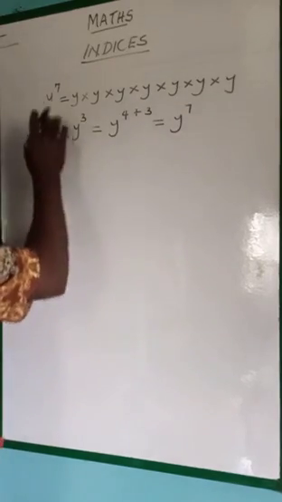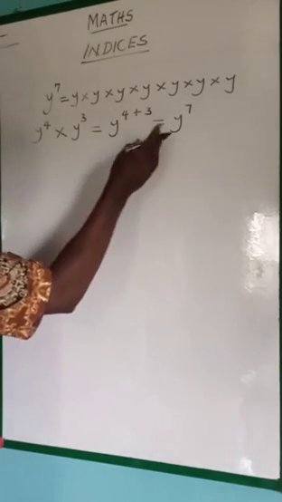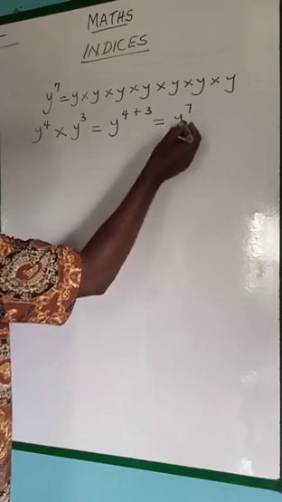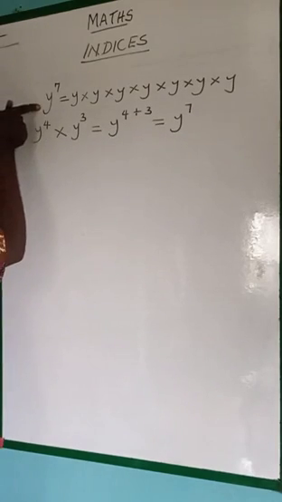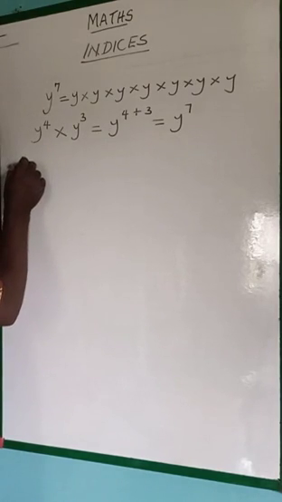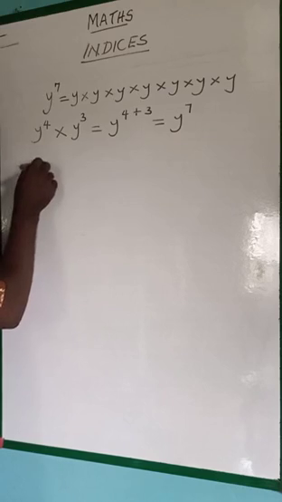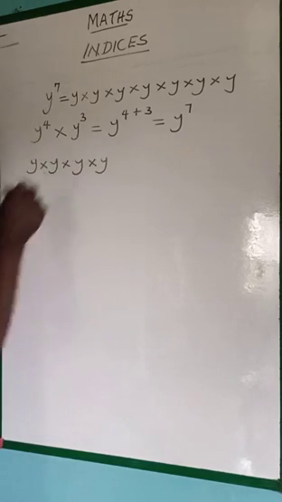So we are going to look at using this expression on top to find out how we got y raised to power 7. We have stated from this example that y raised to power 4 is the same thing as what? Y times y times y times y.